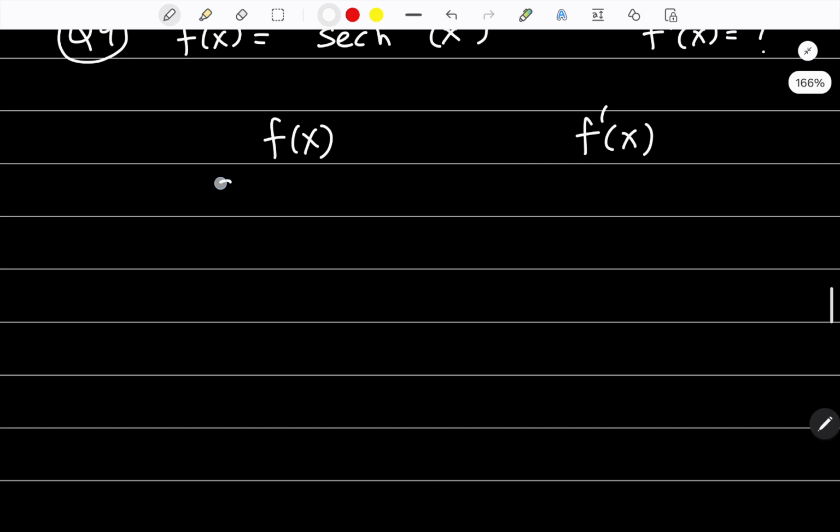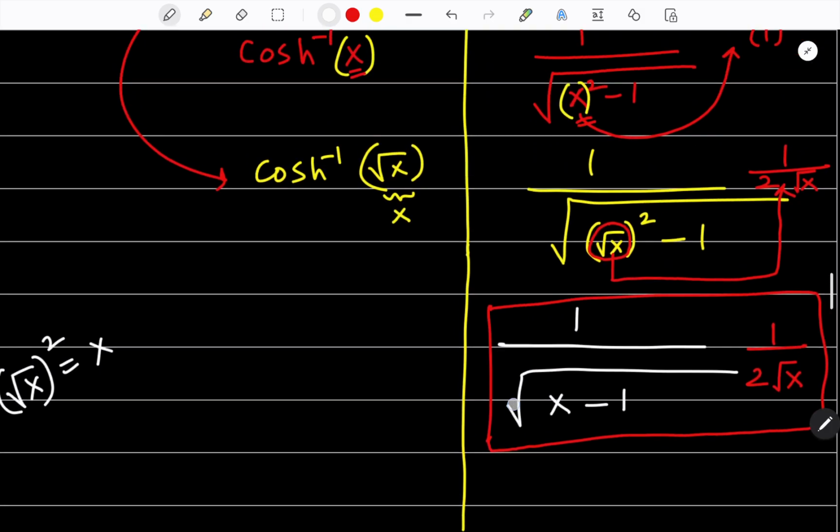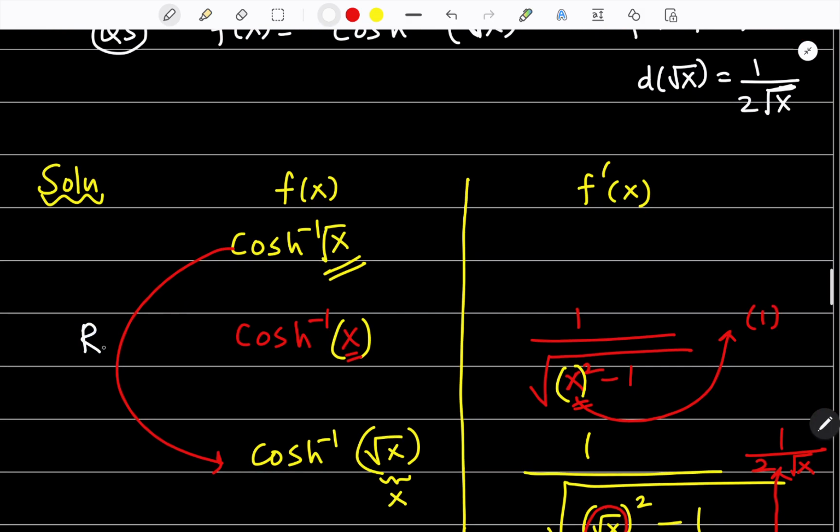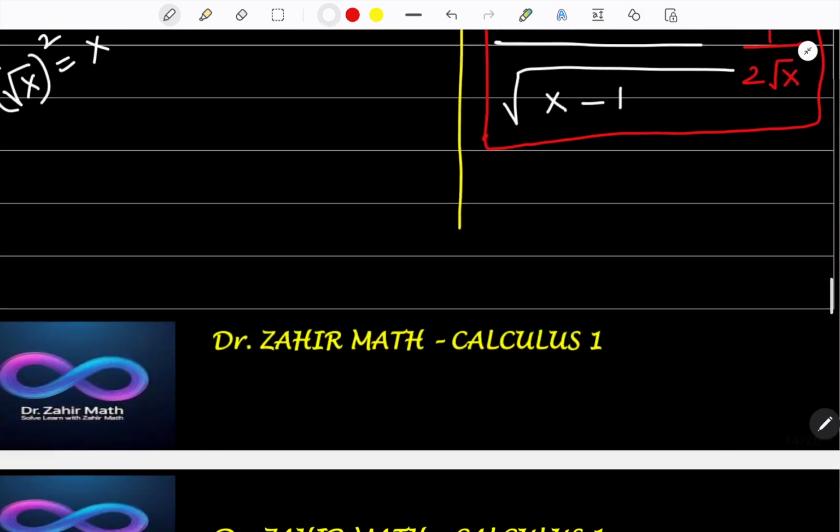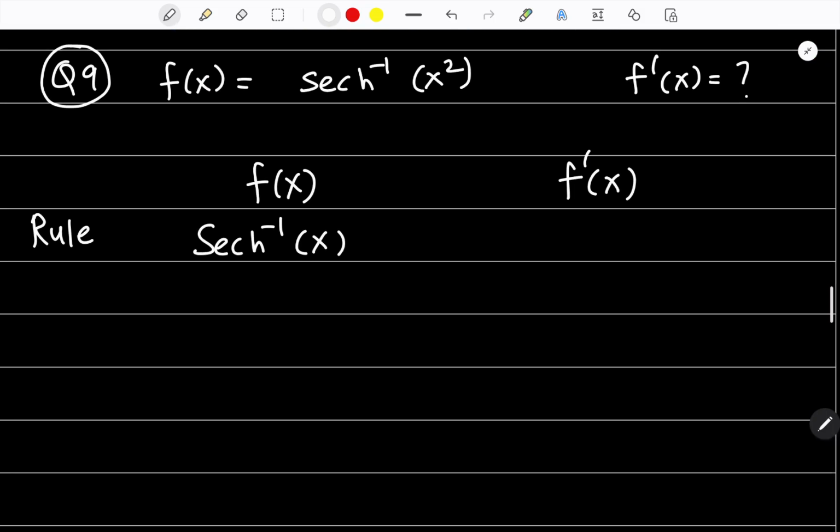Now let me write the formula for secant hyperbolic x. This is the rule, okay, right. The previous also I'll tell you, this is the rule. So now we are going to write the rule. Secant hyperbolic inverse x. What is the rule for secant hyperbolic inverse x?